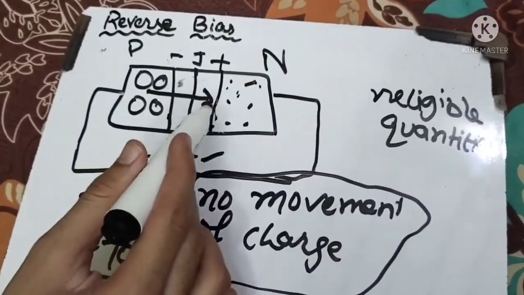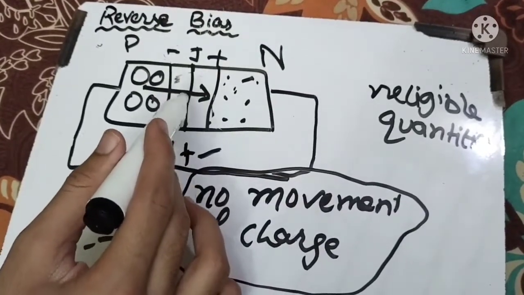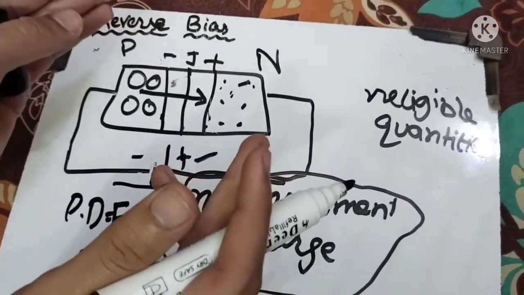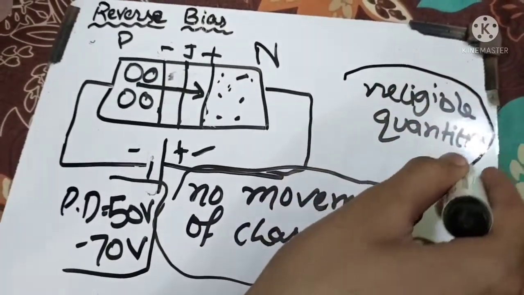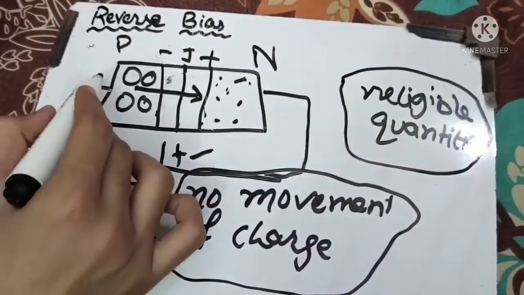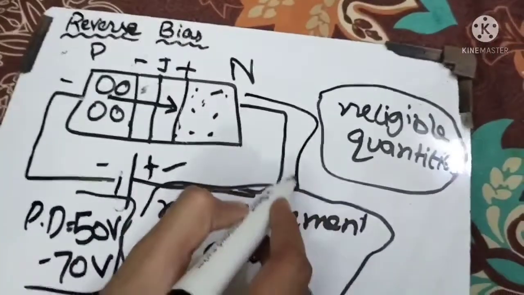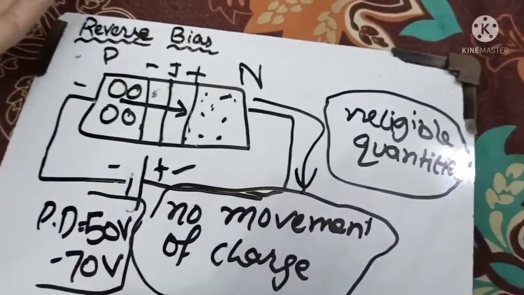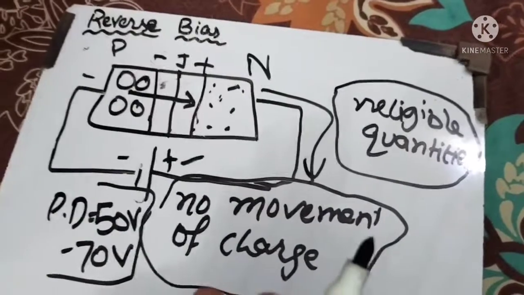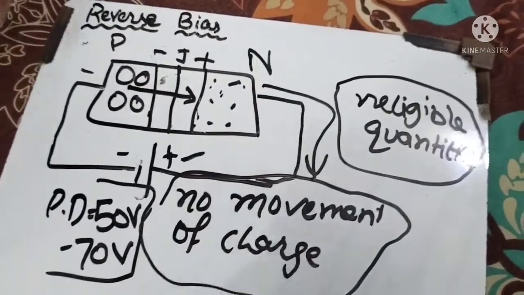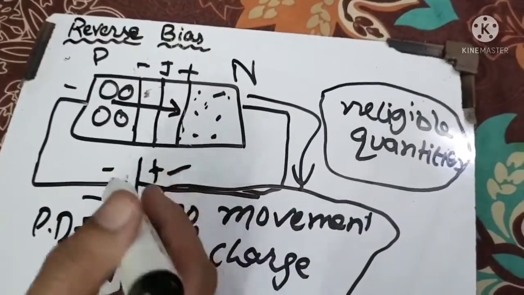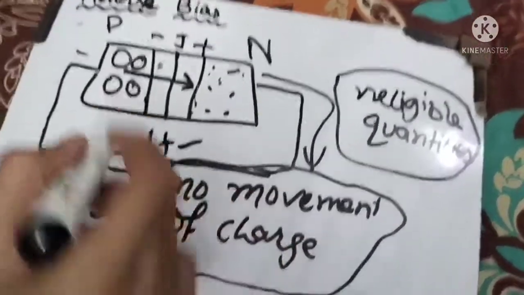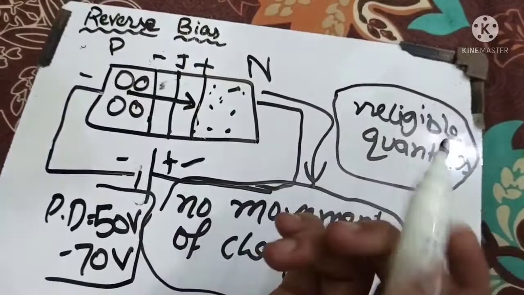It will be attracted by this positive plate, so it will destroy the depletion layer. But I have discussed that the charge flow from here to here will be in negligible quantities, very low electricity. So that's all.